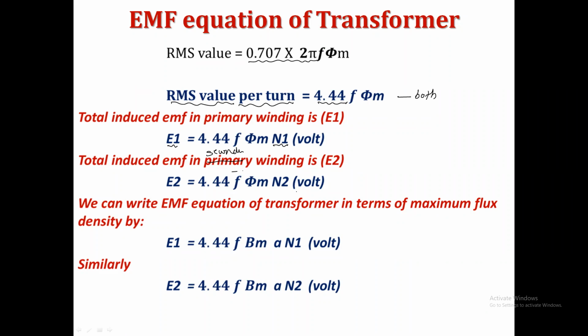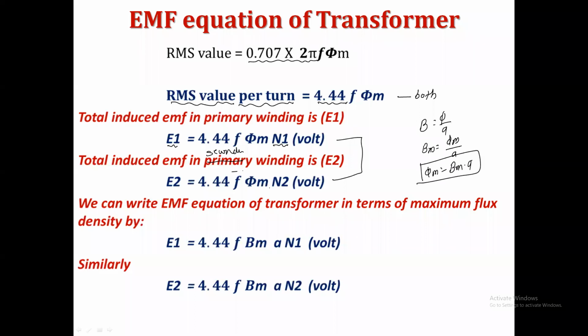Get it my point? Now if I want to write this same EMF equation in the form of maximum flux density, we have the equation B is equal to phi upon A. I can write Bm, maximum flux density, is equal to maximum flux upon A. I can write phi m is equal to Bm into A. Is it right?